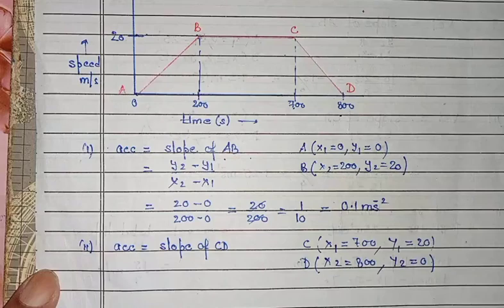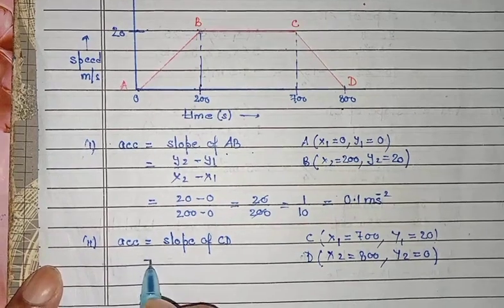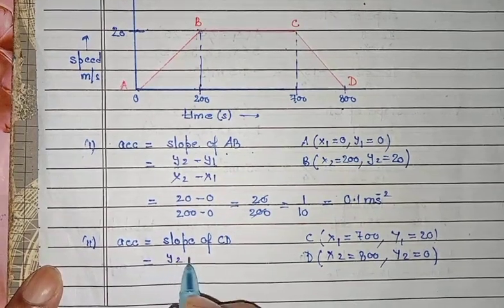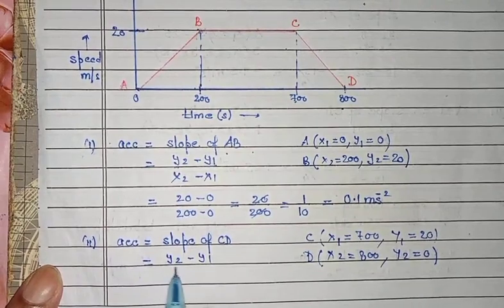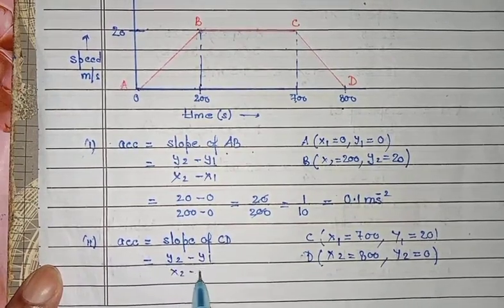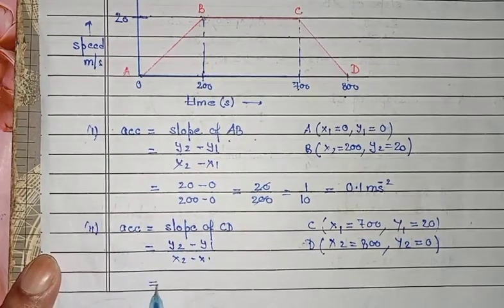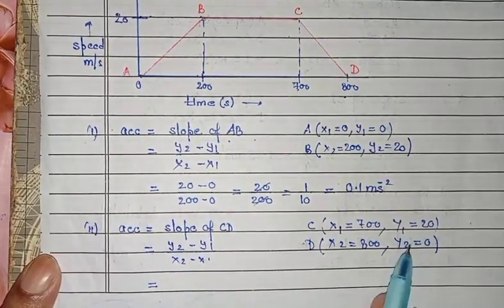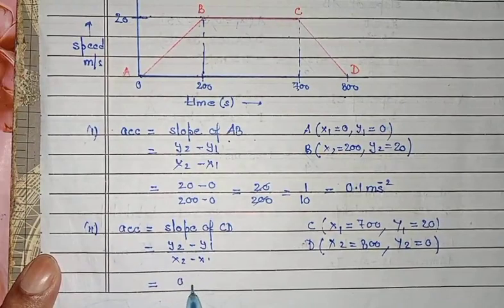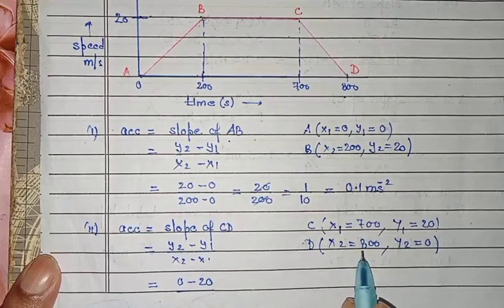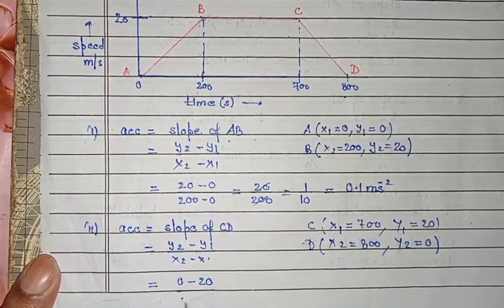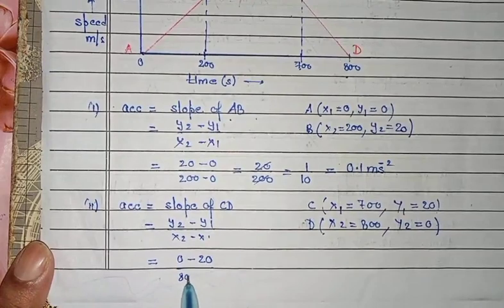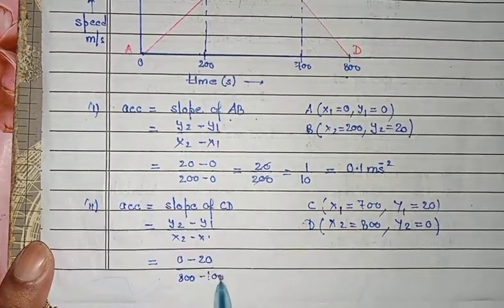Now let's substitute these values in the slope formula. So y2 minus y1, so it's 0 minus 20 upon x2 minus x1, 800 minus 700.